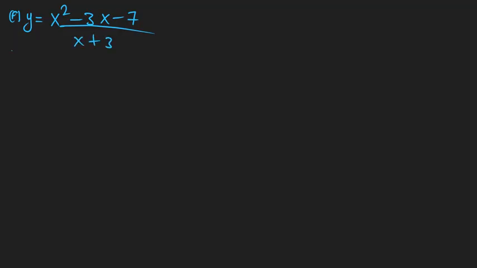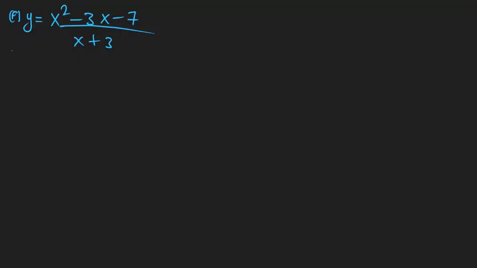Guys, this one has got a slant asymptote because the numerator has a degree greater than the denominator. Whenever you have something like this, just know that you have a slant asymptote.